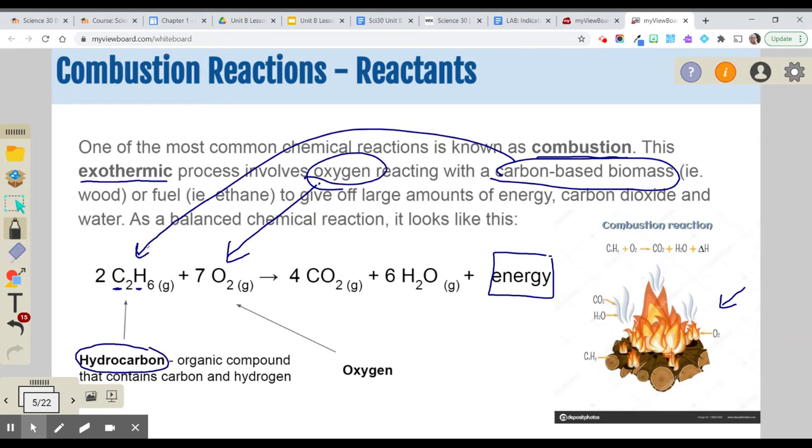And we'll deal with how to actually name that in the second chapter of chemistry. So right now, this fuel is ethane, C2H6. So that means there's 2 carbons and 6 hydrogens in one molecule of this carbon compound. Now, whenever you have a combustion with a hydrocarbon reacting with oxygen, you always are going to have carbon dioxide and water released. So we're going to take a look at that reaction in a bit more detail too.